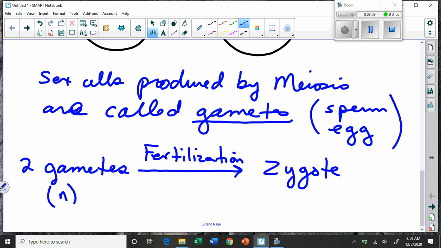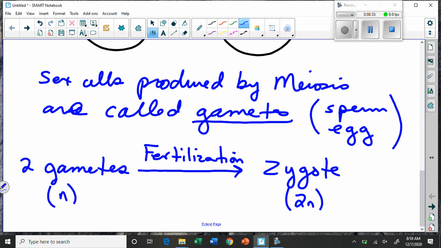And zygotes are 2N. They are diploid because 2 of these have fused, right? 2 N's. An N from mom and an N from dad. An N just means the number of chromosomes that's inside there. So that's another important term that we should remember from the process of meiosis as well.